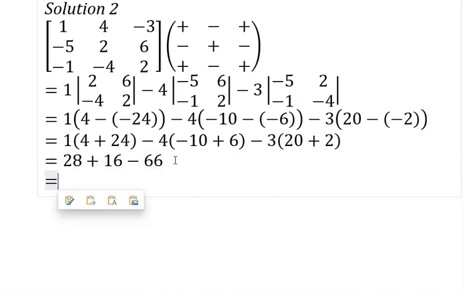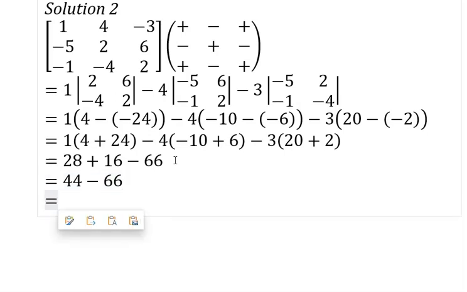Beautiful. So first thing first, you say 28 plus 16. That will give you 44. That's 44 minus 66. So you see 44 minus 66 is going to give you what? Minus 22.